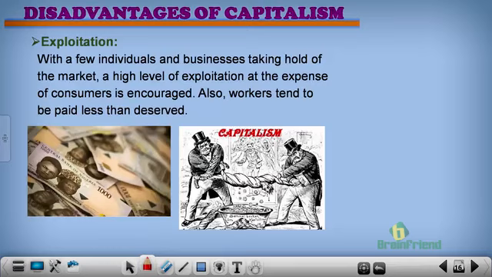Exploitation. Now, these few individuals or business owners who have become successful and have gotten a hold of the markets could take advantage of that position to exploit people. They can either exploit people off their money or exploit even the workers in one way or the other. How do we mean?